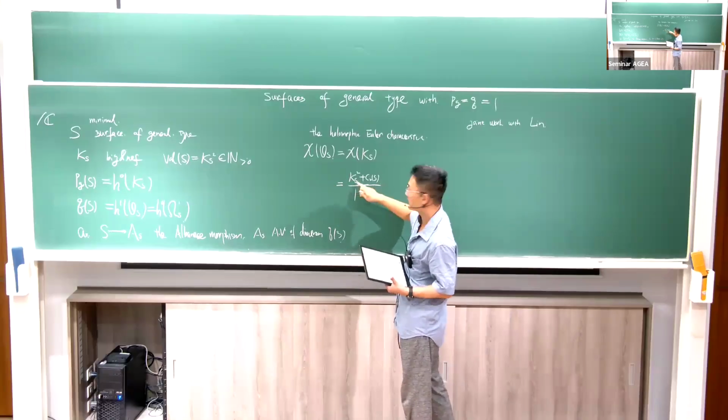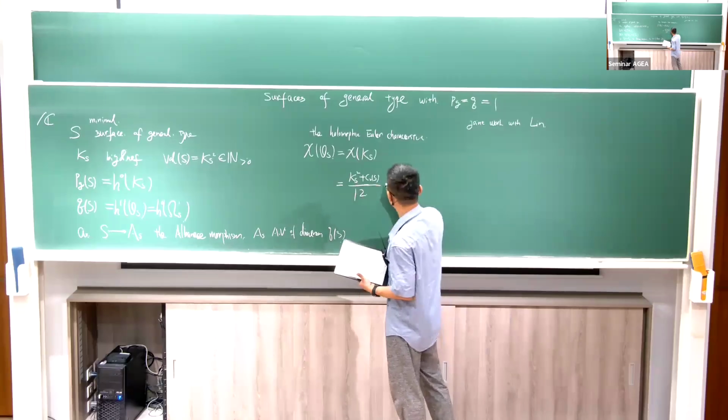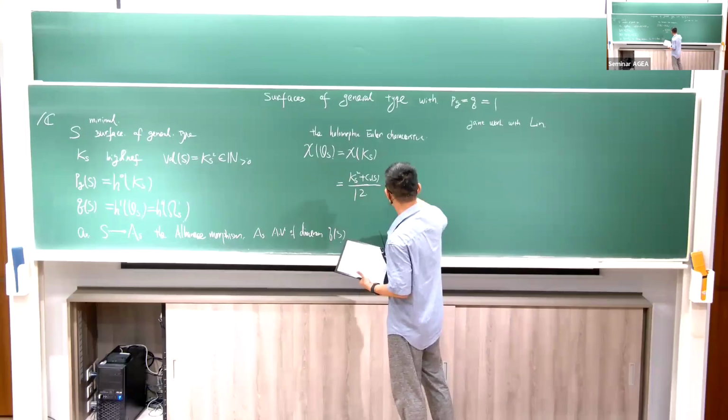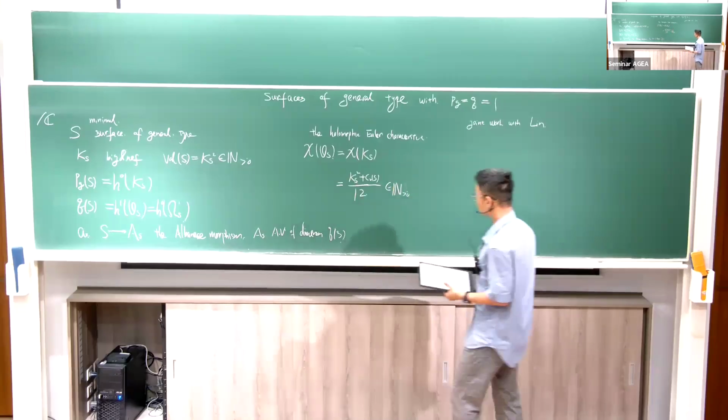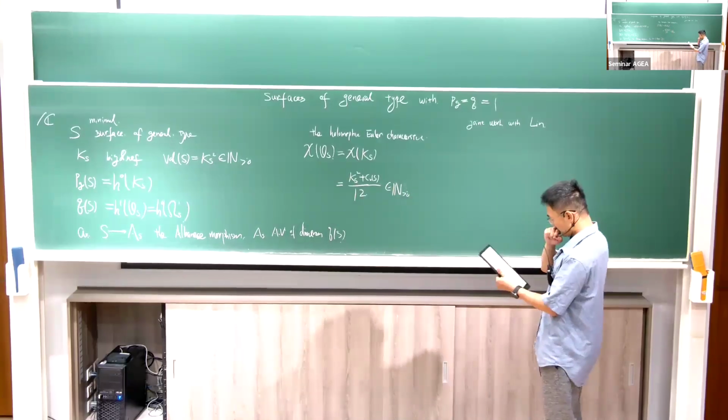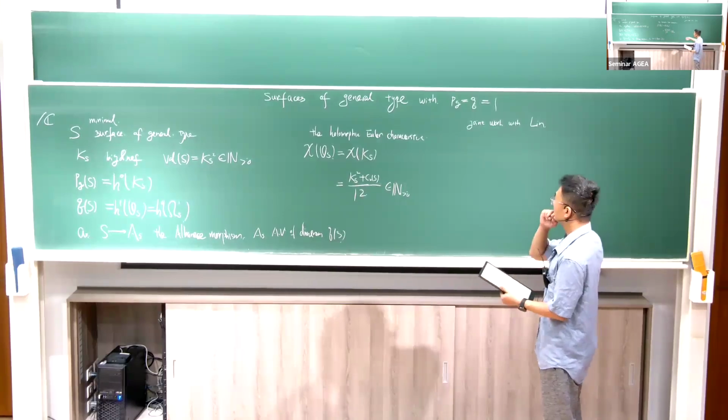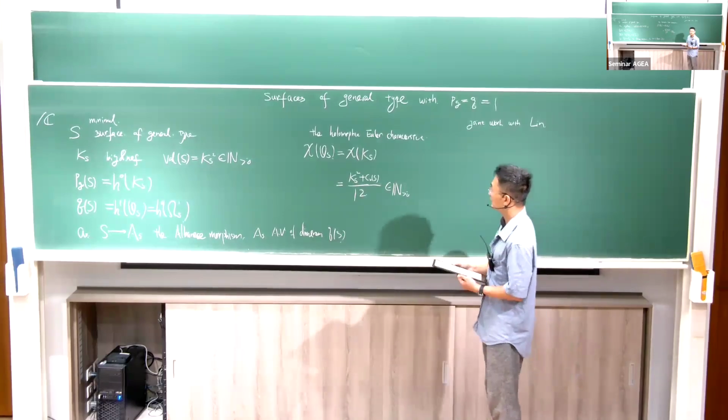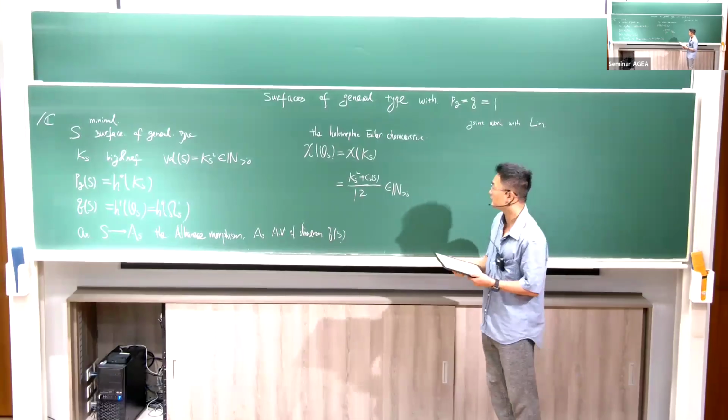By the Miyaoka-Yau inequality, c_2 is also a positive integer. So in any case this is positive. Basically these are the invariants I will need for today's talk.